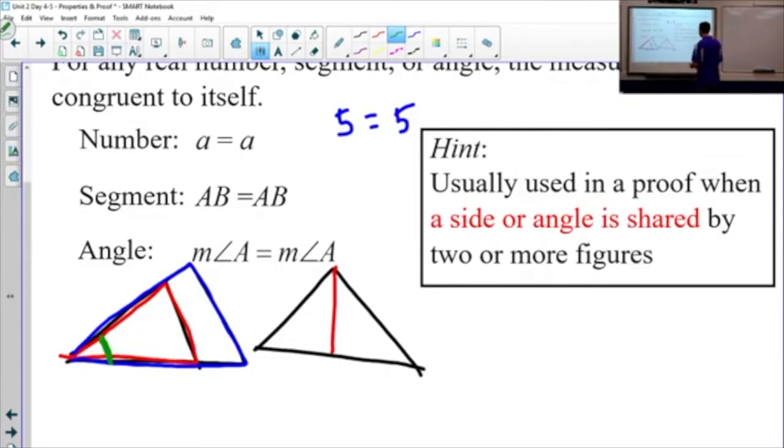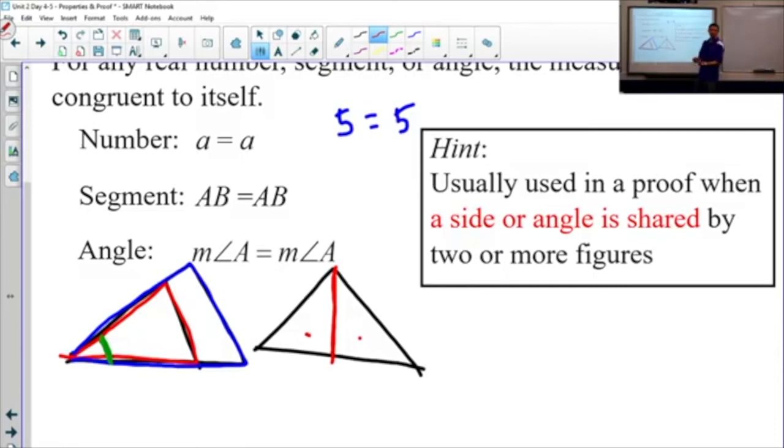And same thing in this other diagram. This time, I have two triangles, this triangle here on the left and this triangle here on the right. And so I could talk about that side in the middle on the left triangle and that same side in the middle on the right triangle. And I can just say, well, that's the exact same side.